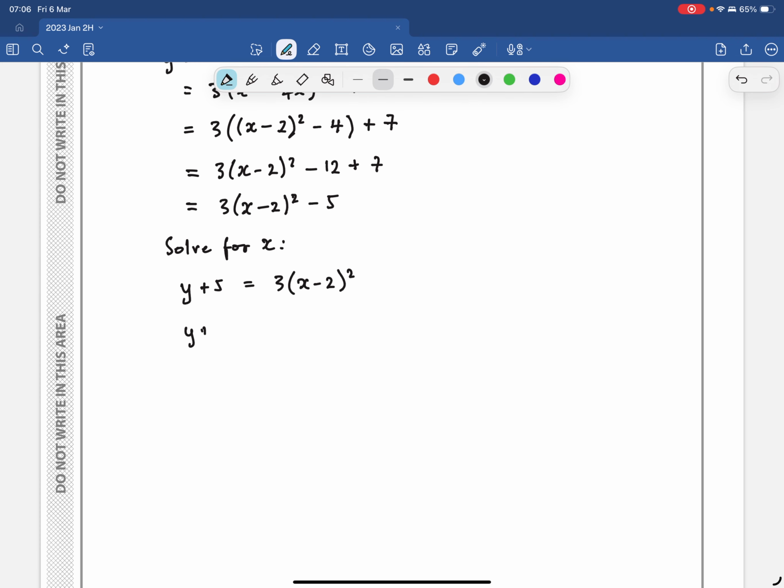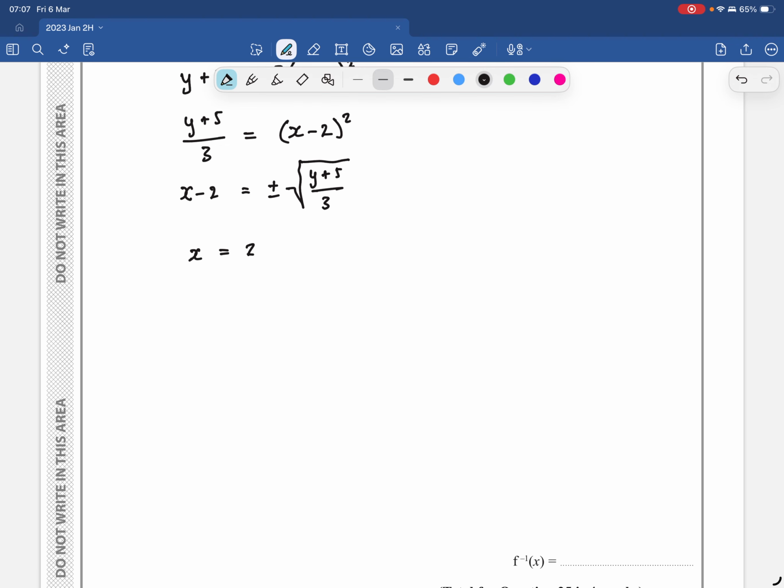So (y plus 5) over 3 equals (x minus 2) squared. I'm going to bring the 2 over here now, so x minus 2 equals, and because I'm square rooting, I can either have plus or minus the square root of (y plus 5) over 3, and finally x equals 2 plus or minus the square root of (y plus 5) over 3.